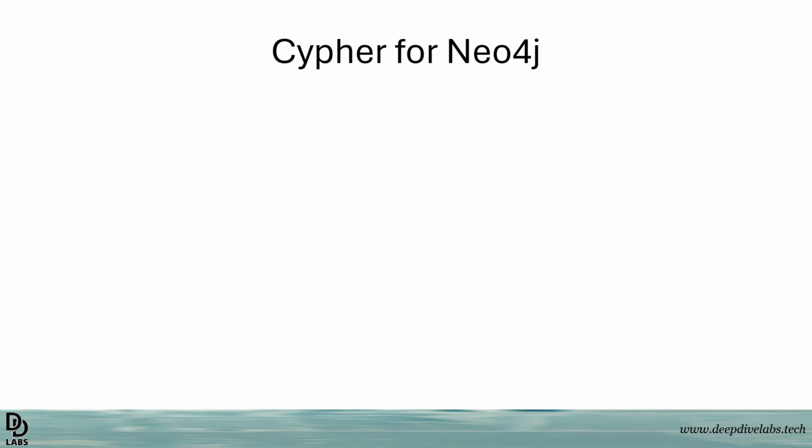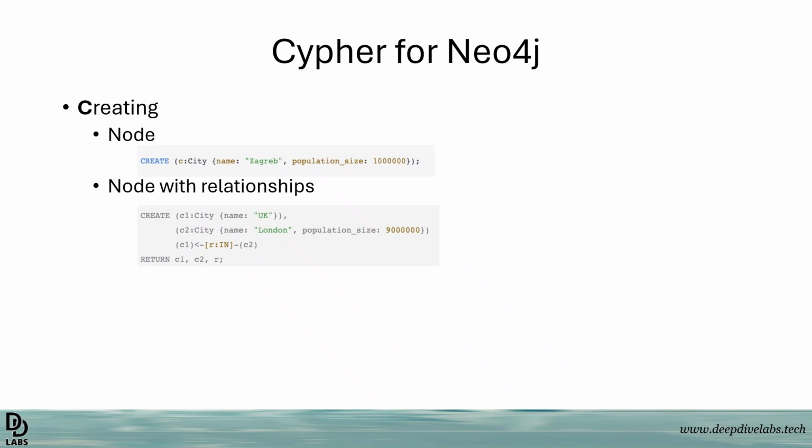Now let's quickly take a look at Cypher, which is the query language for Neo4j, which is a graph database. Cypher can be used for all the CRUD operations. So you're creating a node, in this case a node called city with name and population, which are the properties, and nodes with relationships.